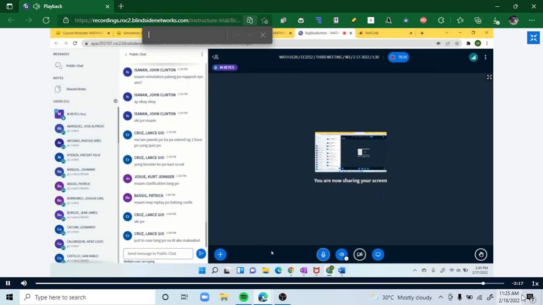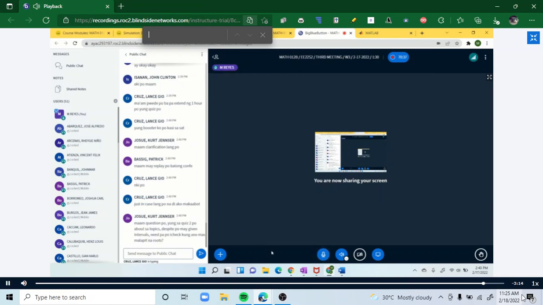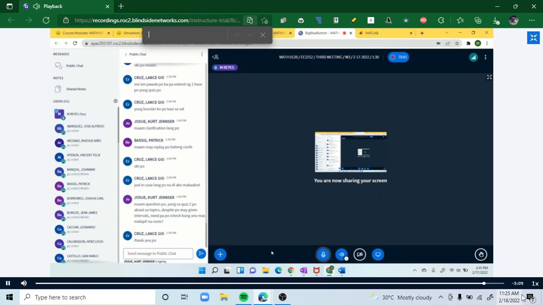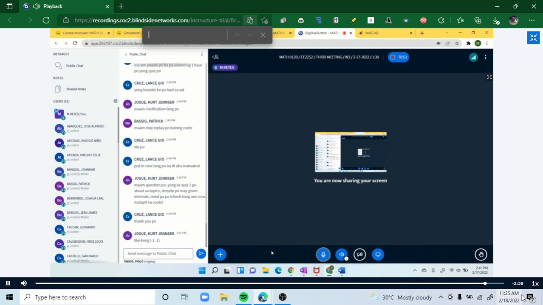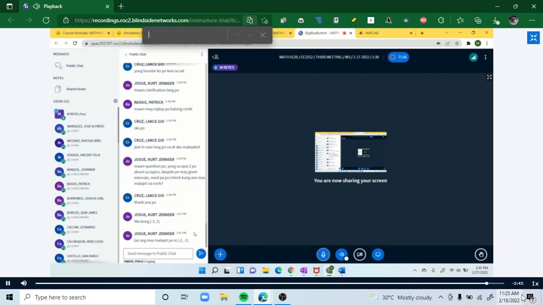May questions pa yung iba? Sa quiz po about sa topics, despite po na may given intervals, need pa po i-check kung ano mas malapit na roots. Hindi siya pumasok dyan? Ibig mo sabihin yung nakuha mong solution, hindi pumasok sa interval? Mas malapit po is -2, -1.